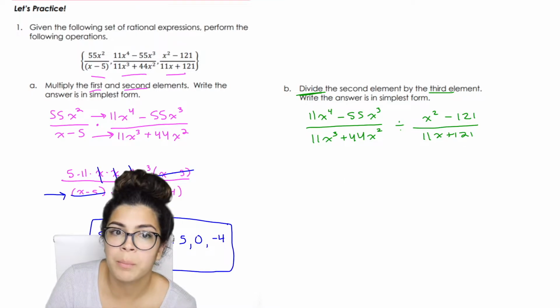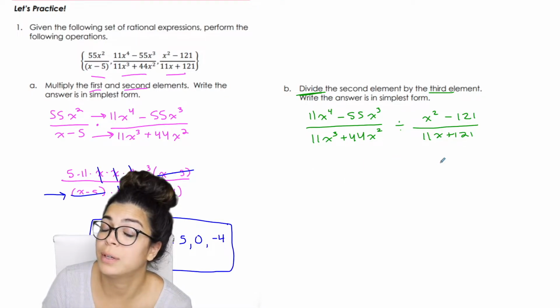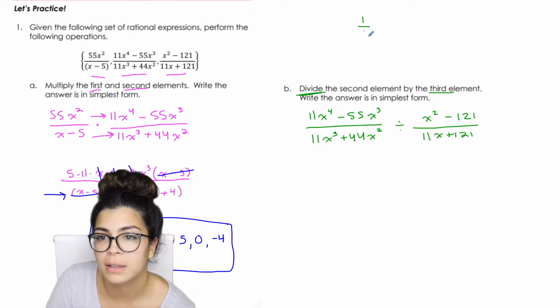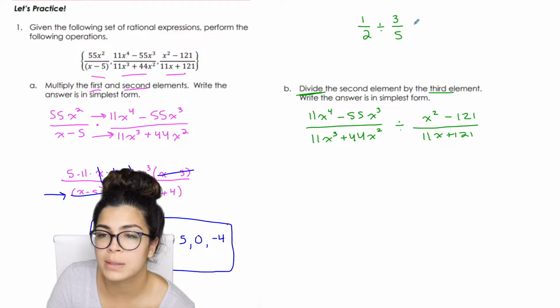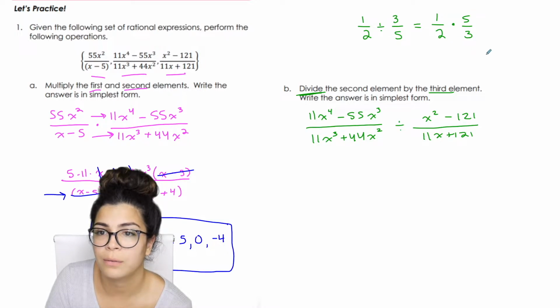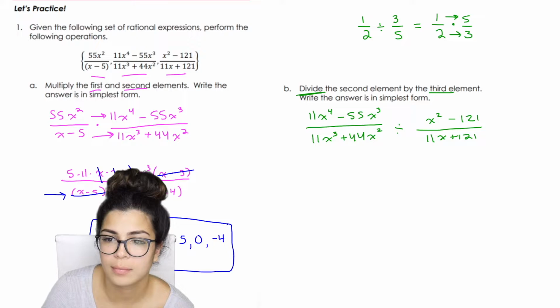Now it's more like what we would have with regular fractions, right? Like if I had 1/2 divided by 3 over 5, what I would do is keep the first fraction, and dividing by any number is the same thing as multiplying by the reciprocal. So I change the division to multiplication and I flip the second fraction. And then I could just multiply straight.